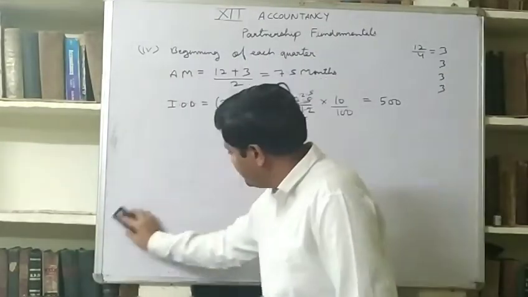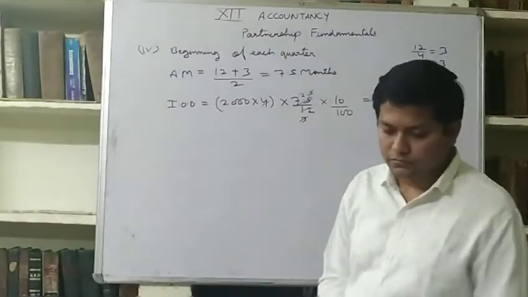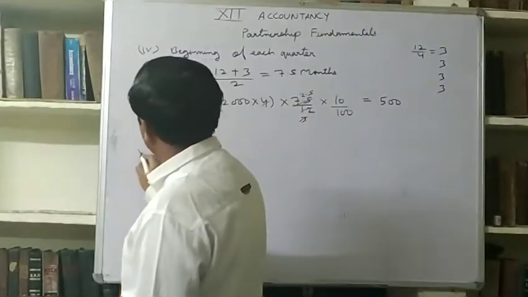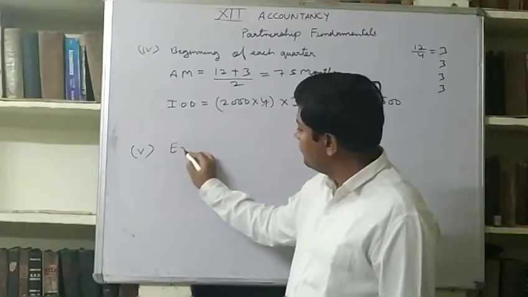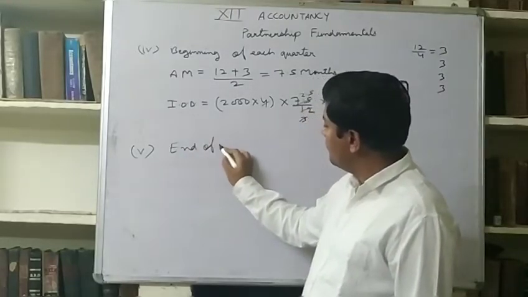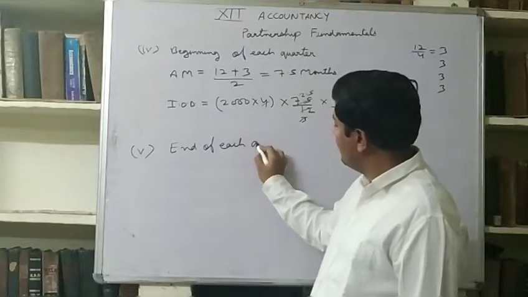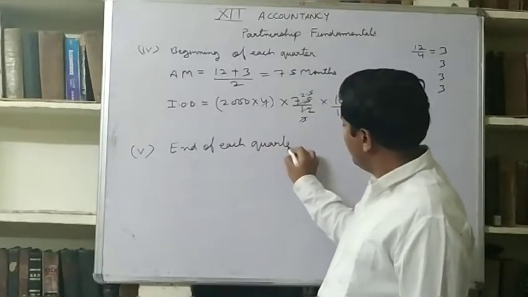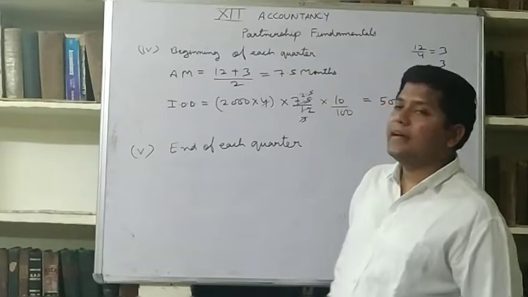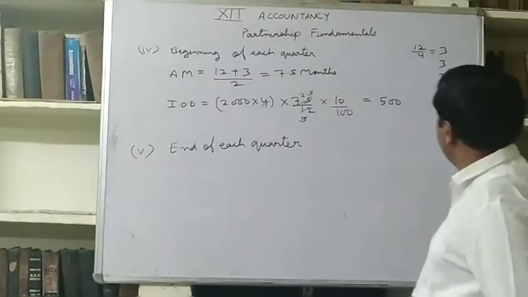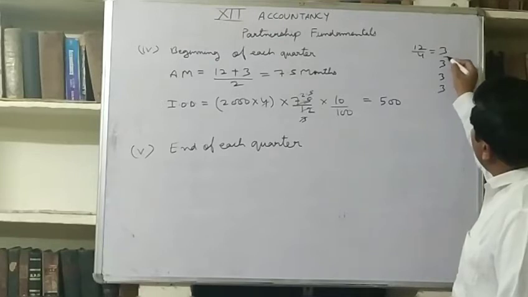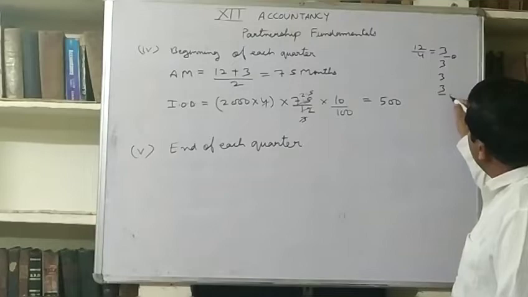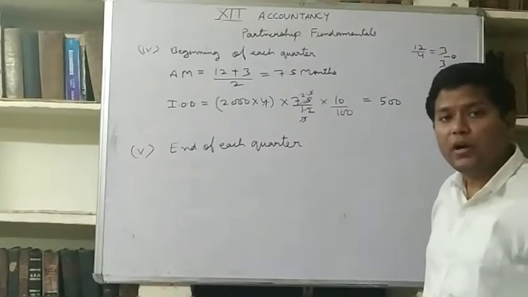Now next is at the end of each quarter. At the end of each quarter means this is our first quarter. First drawings will be made here and the second drawing will be made at the end of the last quarter.